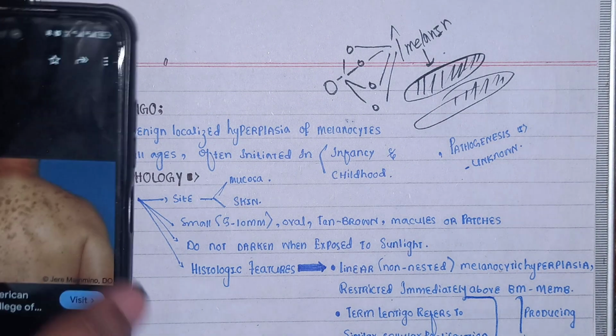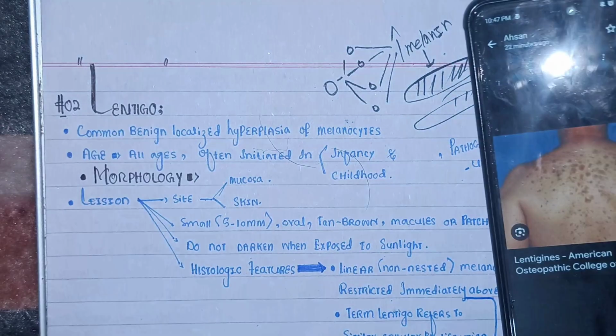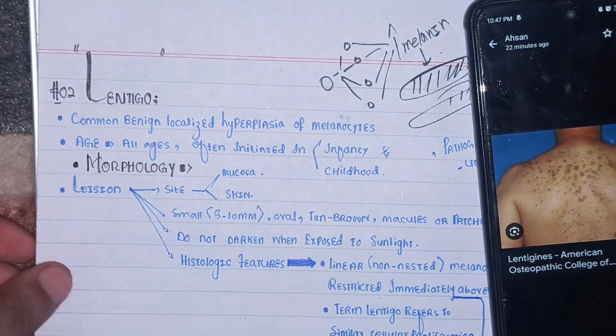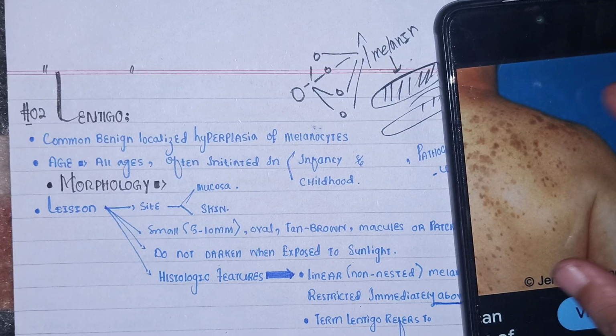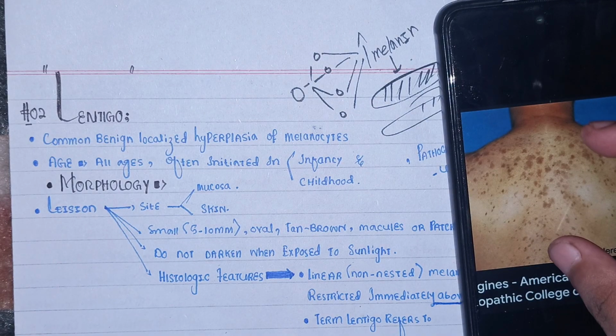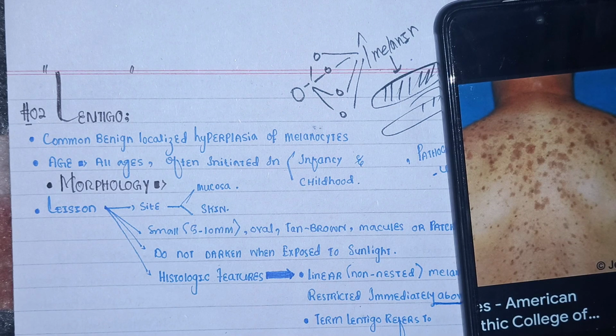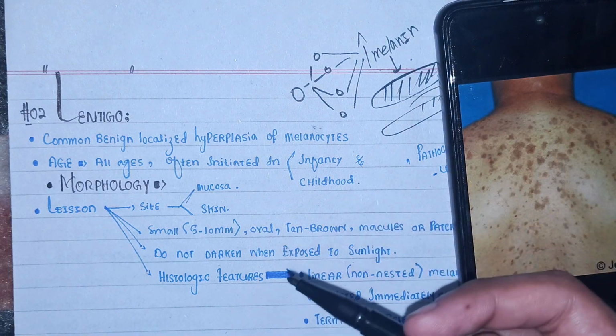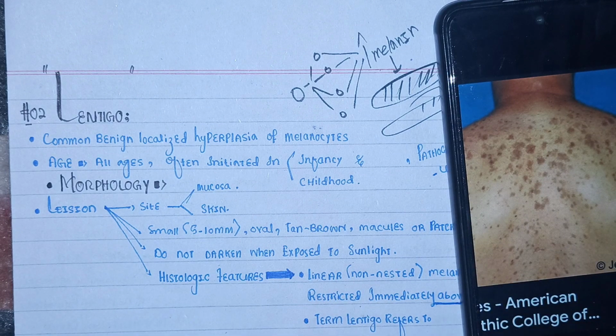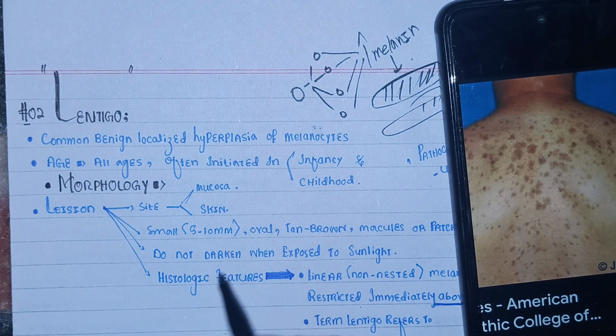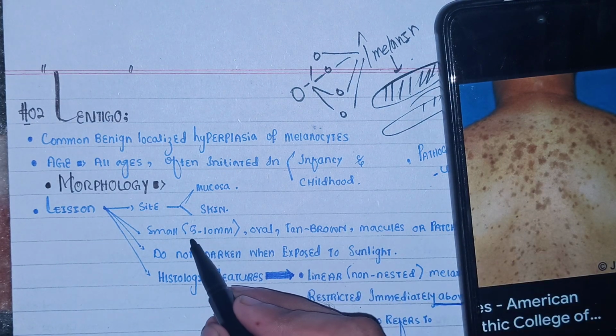If I show you the lesion here, can you see lentigo? Aren't they a little larger than freckles? They are larger than freckles. Freckles were really small, if I'm not wrong, just 1 millimeter, and lentigo are 5 to 10 millimeter.